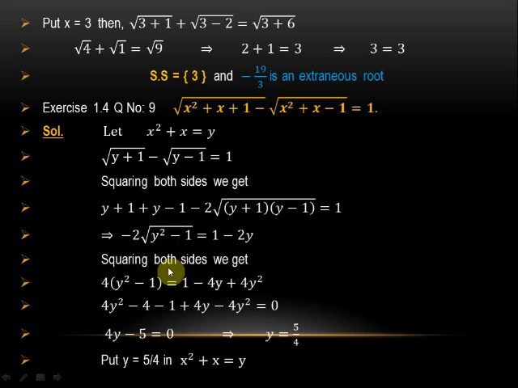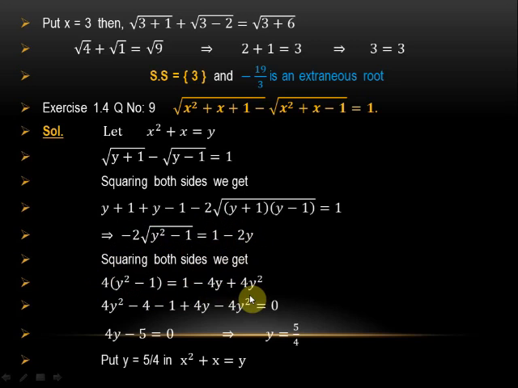Again squaring both sides, we get square of minus 2 is 4, square cancels with square root, we will get y square minus 1. So 4 into y square minus 1 is equals to, on taking square of 1 minus 2y by using the formula a minus b whole square, we will get 1 minus 4y plus 4y square.